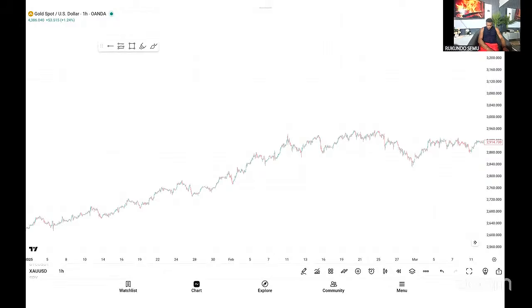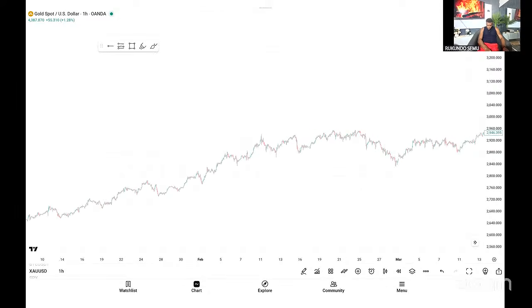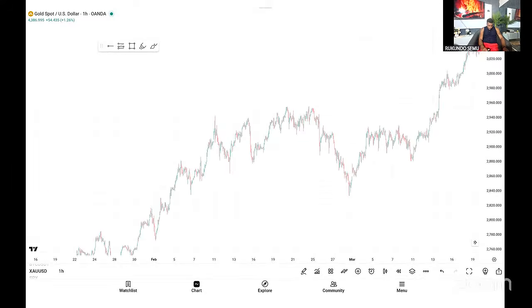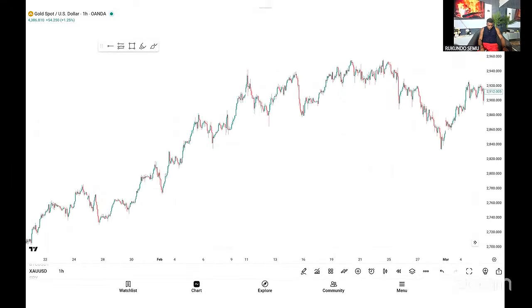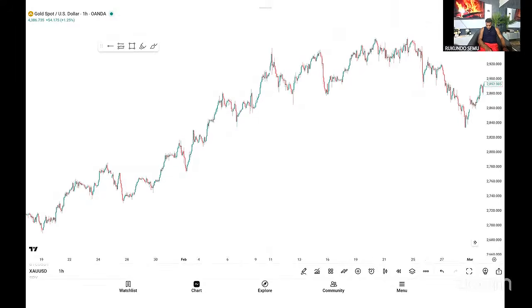We can still go far away and see how we can backtest our strategy. We are going to go far away and see where we can backtest our strategy.